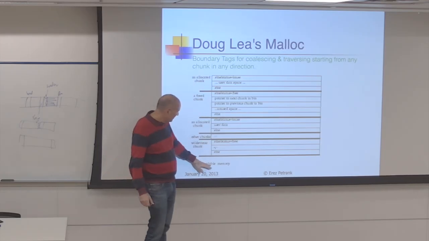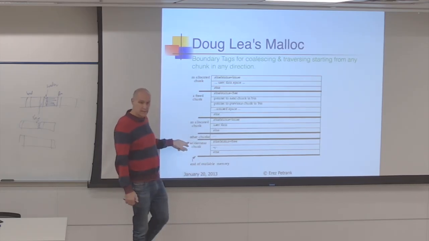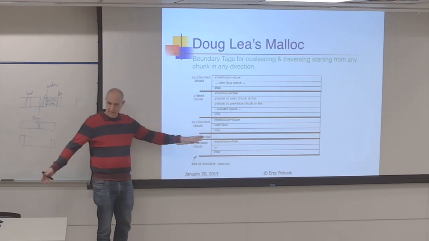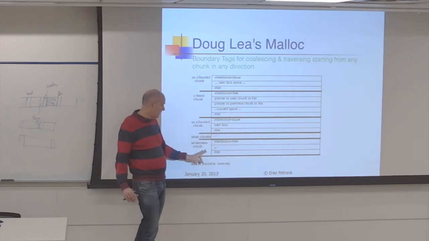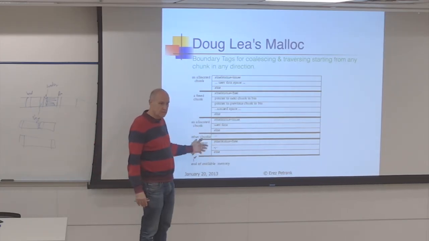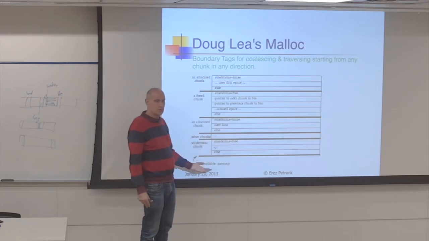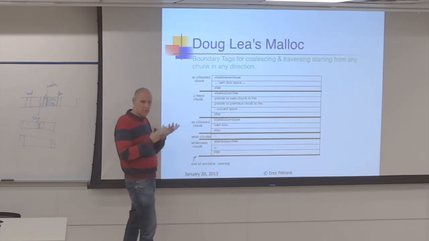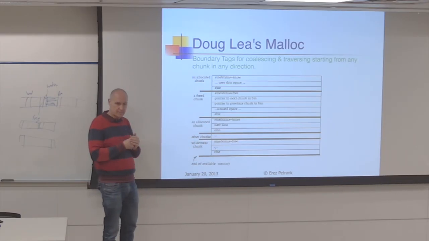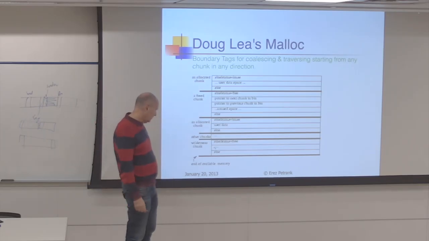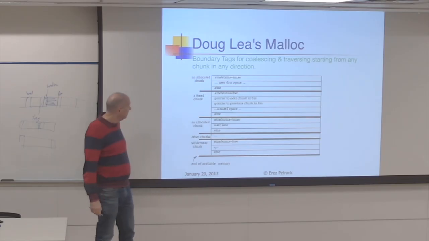At the end, you have what he calls a wilderness chunk. All the free space that you still have is at the end, and you try not to use it until you need to. So you use your lists to allocate, and only if you don't have space, then you go there and you allocate new objects for your free lists.